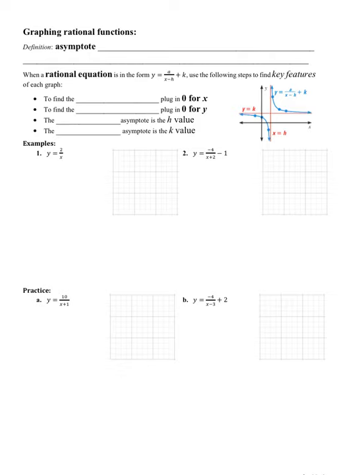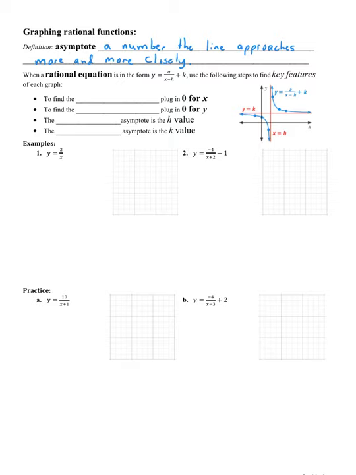And what an asymptote is, it's a number the line approaches more and more closely. That's the asymptote value.